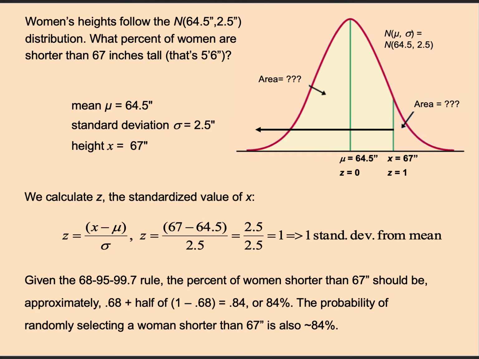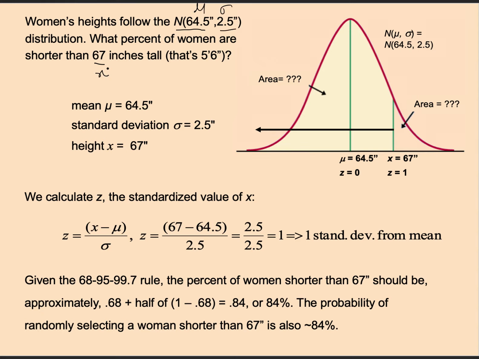And this is a simple example given to you of how to make use of this z table or z formula to get the z. But actually you're not required to transform the data into z here, because this is the x value, and this is a normal distribution with mu and sigma.